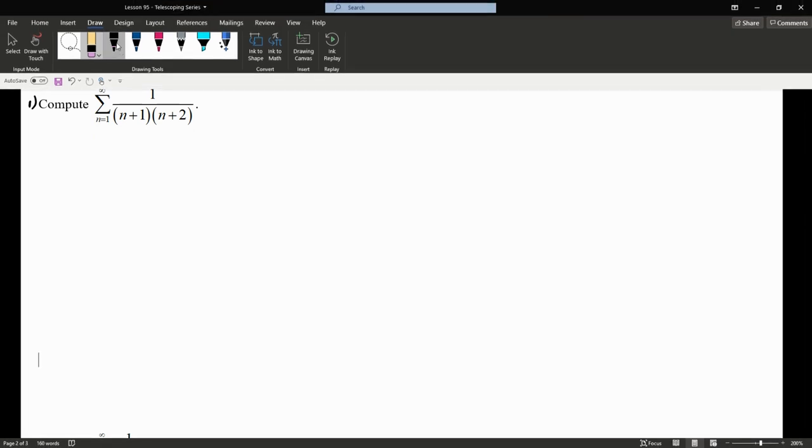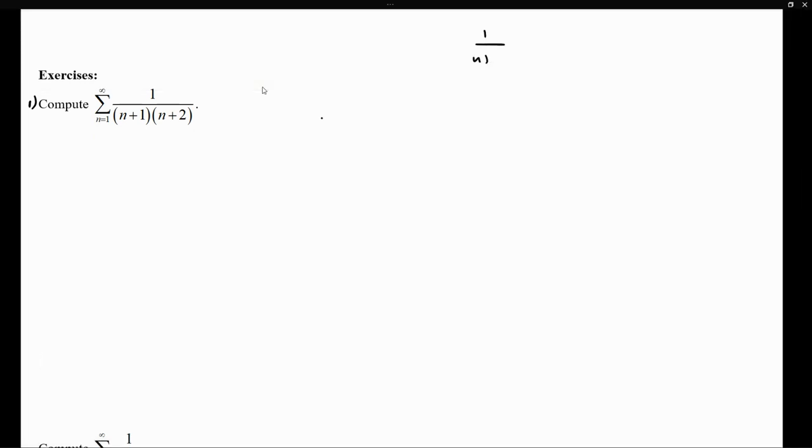So therefore, our first job is going to be to write out the given expression, 1 over n plus 1 times n plus 2. We want to see if we can rewrite this expression in such a way where I have one factor in one term, and the second factor in the second term.